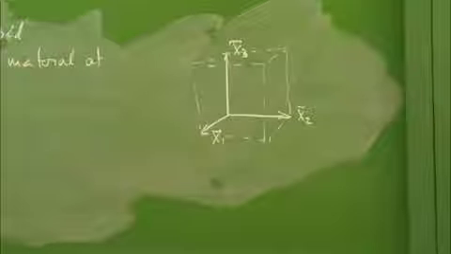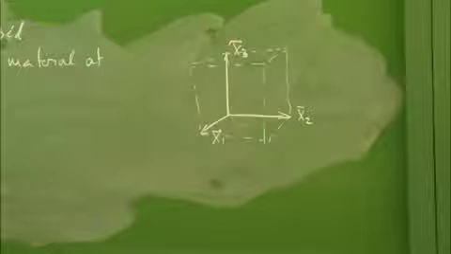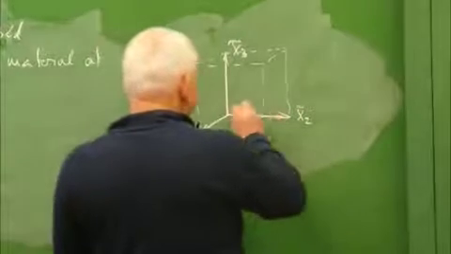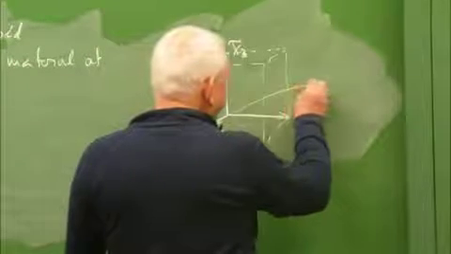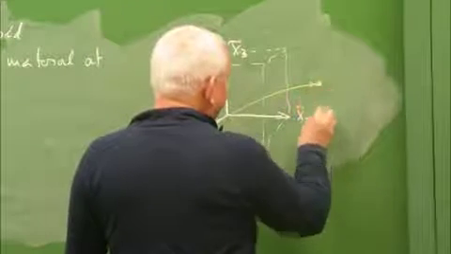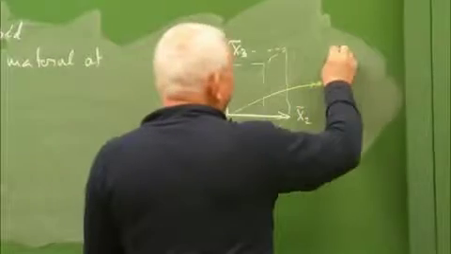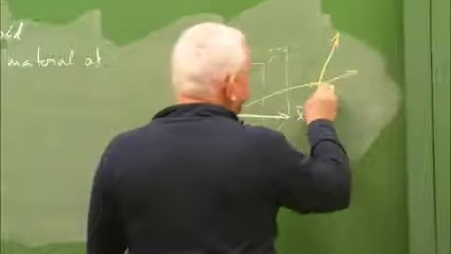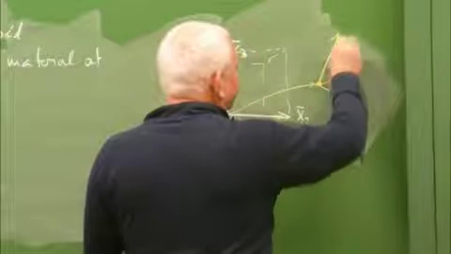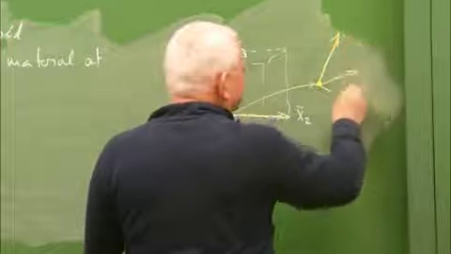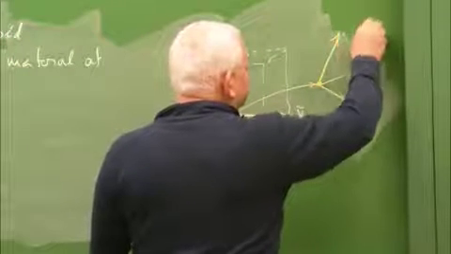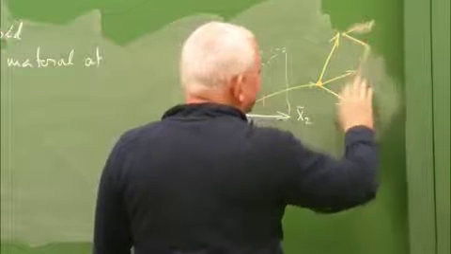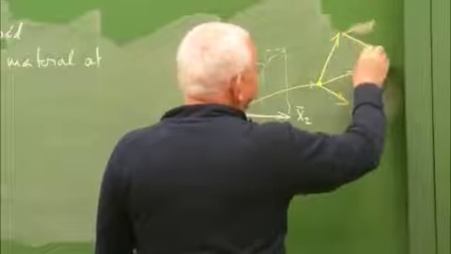So as the fluid moves, now I need a bit of artistry. As the fluid moves, that origin will move into a new position, and each of the vectors will move into a new position, and in general these vectors will have skewed. How do I draw it?